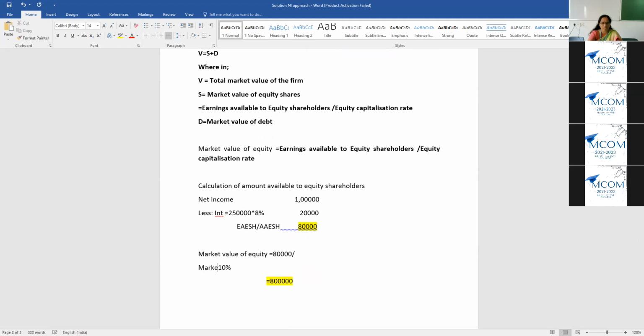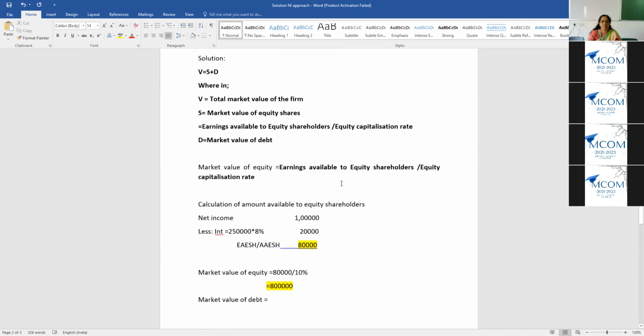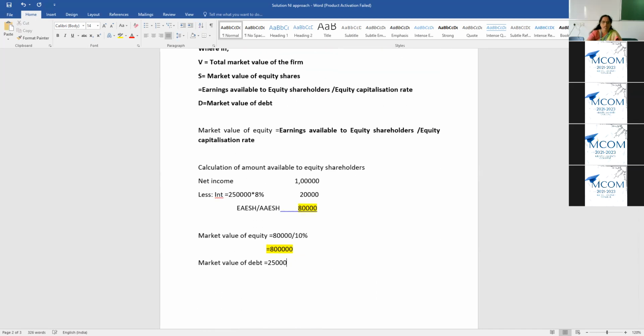Then your market value of debt is how much? It is already given in the question. It is 2,50,000. Now you can calculate the value of the firm.